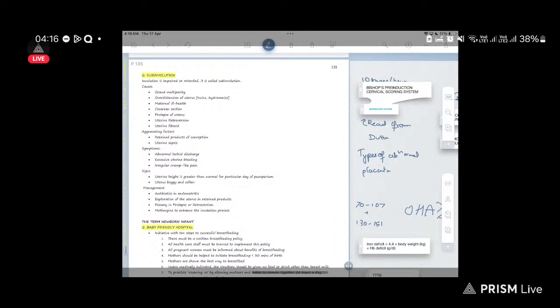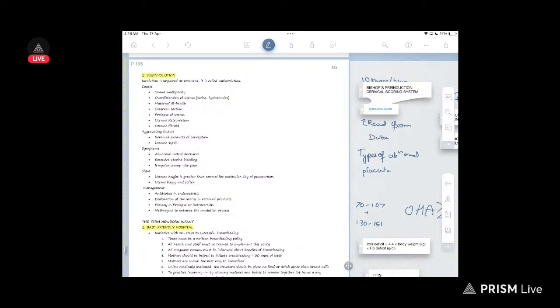Yeah, subinvolution is impaired or retarded involution. It is called subinvolution due to grand multiparity, over-distension, maternal ill health, cesarean section, prolapse of uterus, uterine retroversion, and fibroid, aggravated by retained products of conception, uterine sepsis. Symptoms are abnormal lochia discharge, excessive uterine bleeding, irregular cramp-like pain.